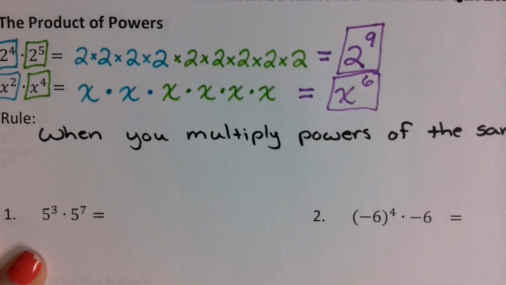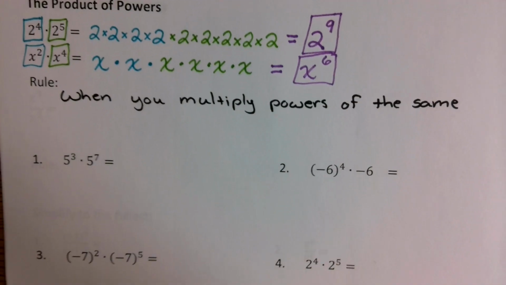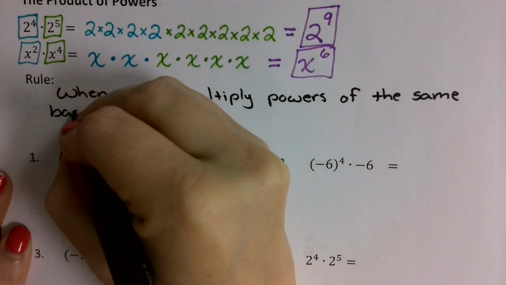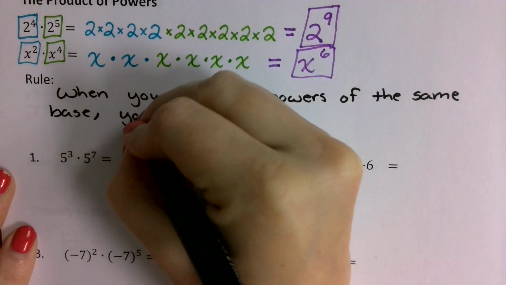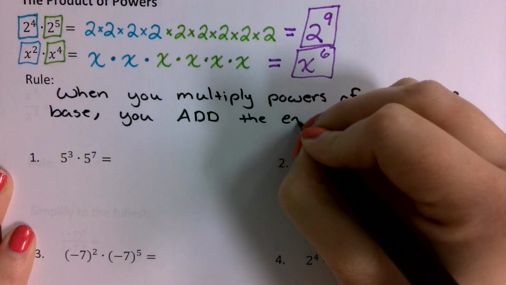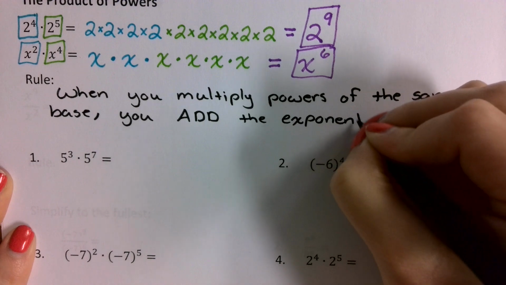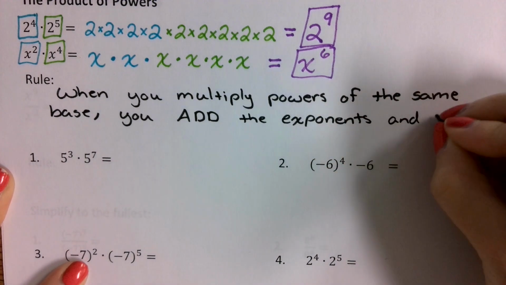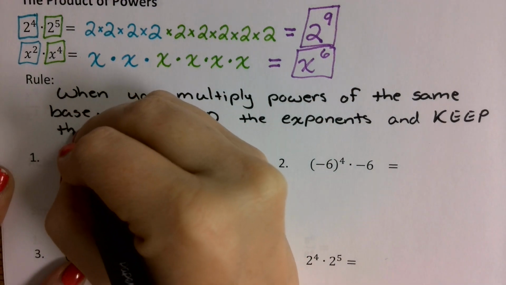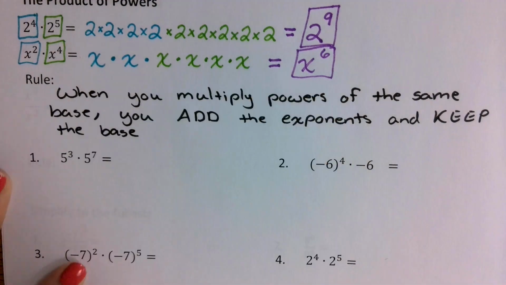You multiply powers of the same base, then all you're going to do is add the exponents. And you're going to keep, I'm going to put that in capital letters, keep the base. The base will not change. You're not going to multiply the bases together. You're going to keep the base exactly as it is. The only thing that's going to change is the exponent.